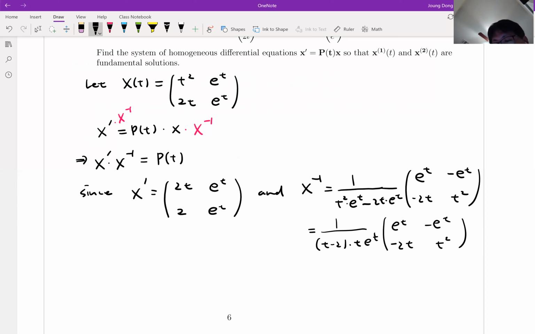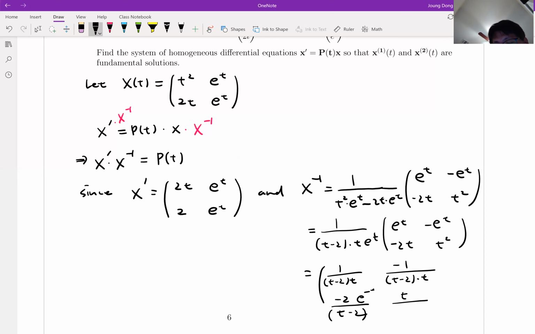Then it is equal to 1 over t minus 2, times the matrix with e to t, minus 1 over, and then t is cancelled out, then minus 2, and the very last one is t over, oops, not here, but here.